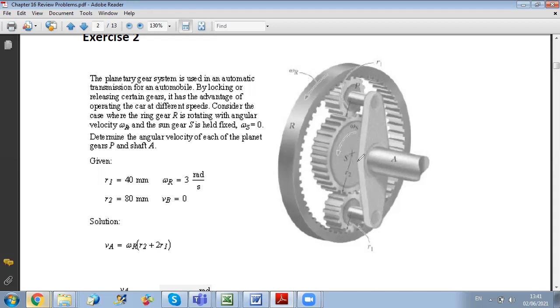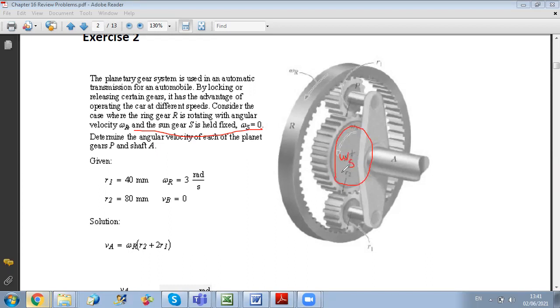And for example here, in this problem, we fix the sun gear. This one here is fixed, but we can move it if we want. And we will see that if we move it, we can control the angular velocity of the planetary gear P. But here in this problem, we choose to fix it.